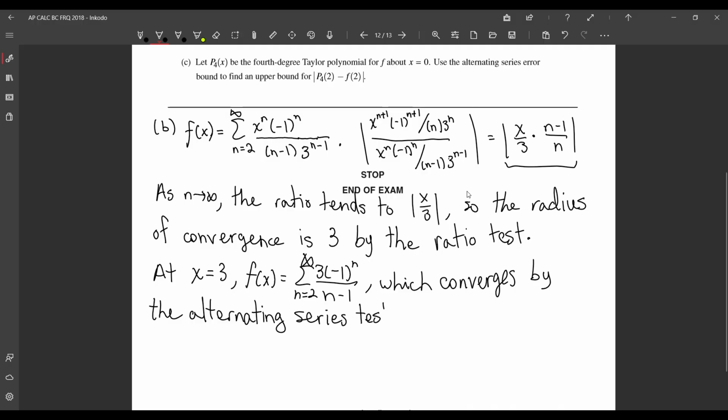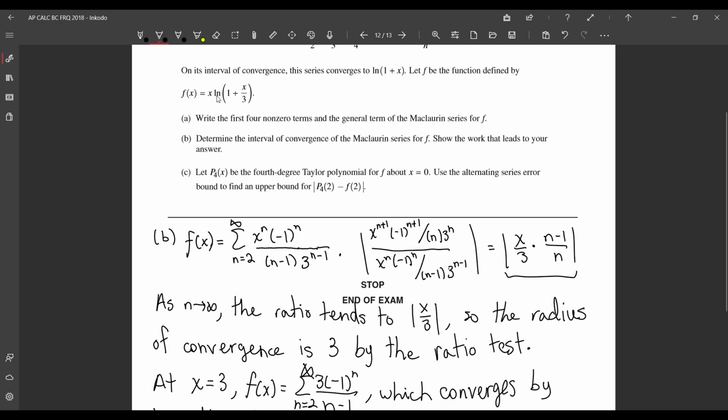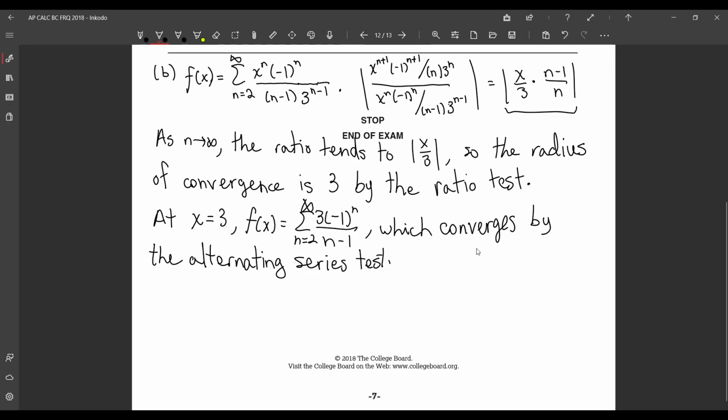Of course, this is the alternating harmonic series, and this is going to approach 3 times the natural log of 2, as we would expect.